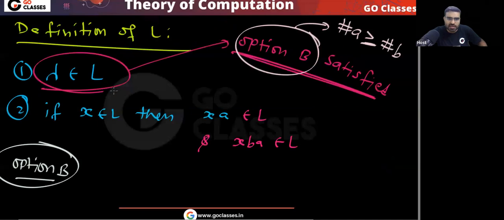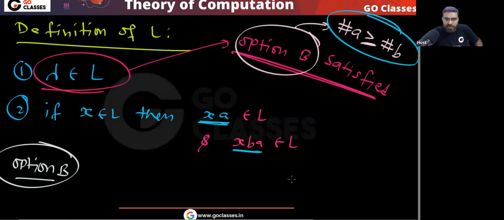So this is what I am saying. Empty string will satisfy this condition. Then either you are adding A or you are adding BA. So definitely this condition will always satisfy, yes or no? Agree with me?